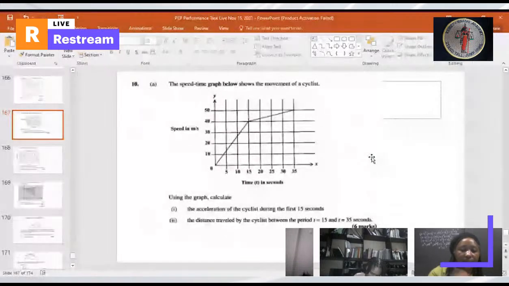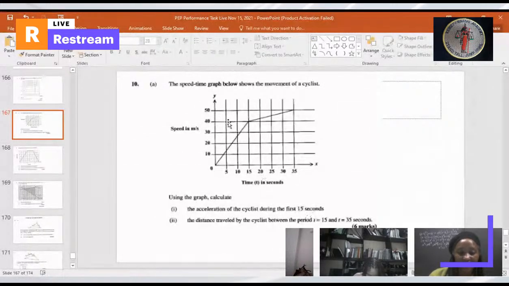So if you notice, from 0 to 15, this is the bike accelerating, right? It's the gradient of this line here from 0 to 15 seconds. So that's what part A is asking.